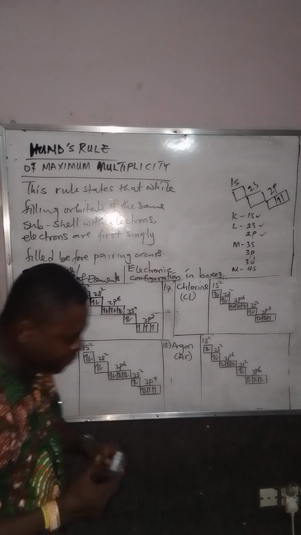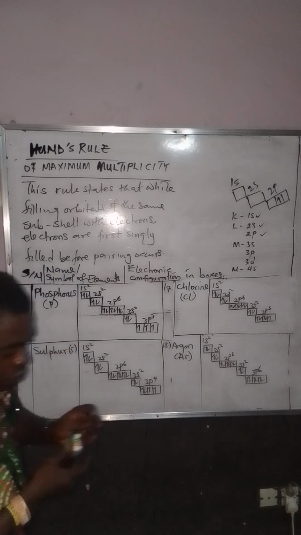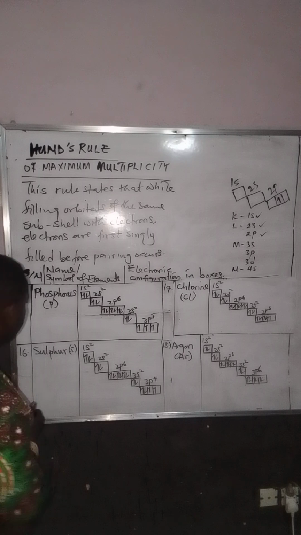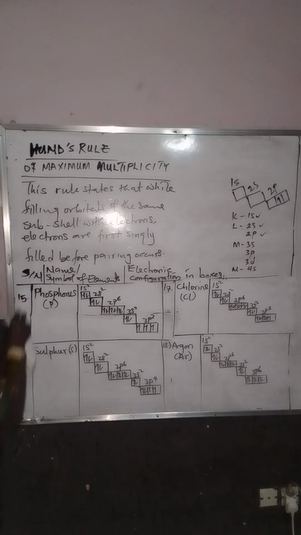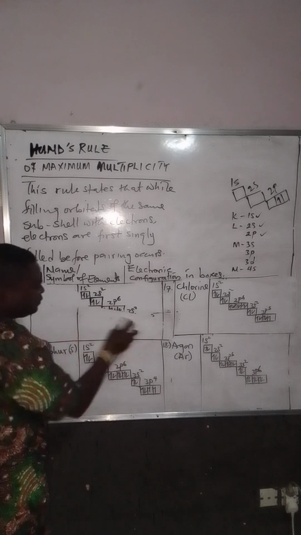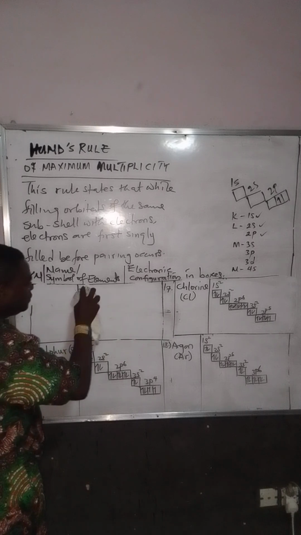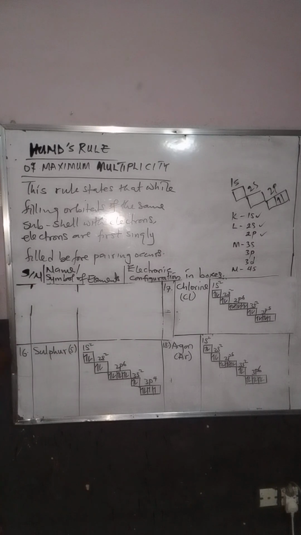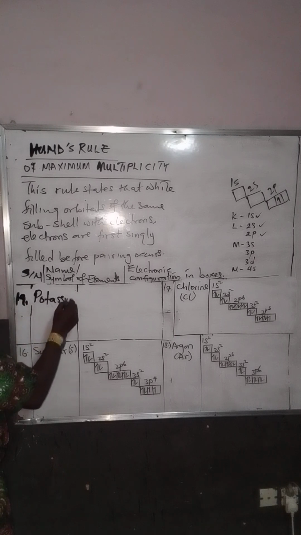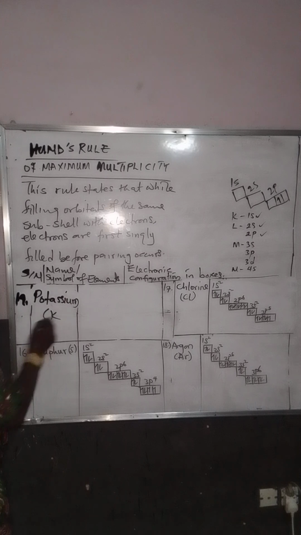We are still going to 30, we are still on 19. So potassium, number 19, potassium, K.